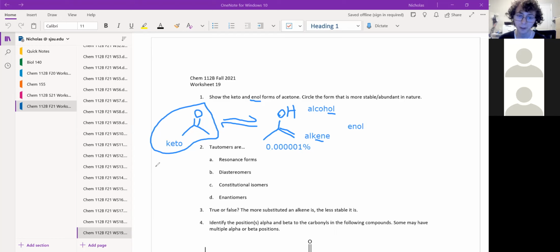The majority of you said C for constitutional isomers, and that's correct. They're not resonance forms because resonance forms usually push electrons around, like pushing a lone pair and a positive or negative charge, and will have the same bonding pattern.